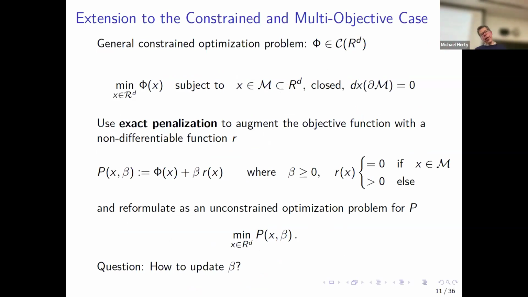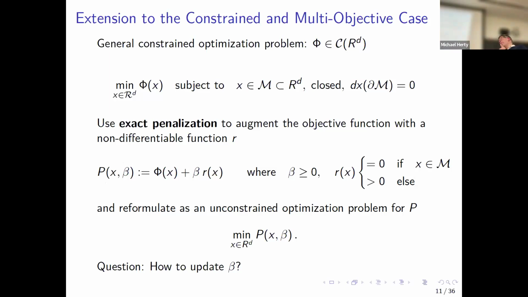The simplest way to apply the previous result is to say, I don't care that this is a constraint, I just penalize it. And I penalize it using exact penalization, which you usually don't do in optimization. For exact penalization it is known that the penalty function needs to be non-differentiable in order that minimizing P with the penalty parameter beta leads to the same minimizers as minimizing the original problem.